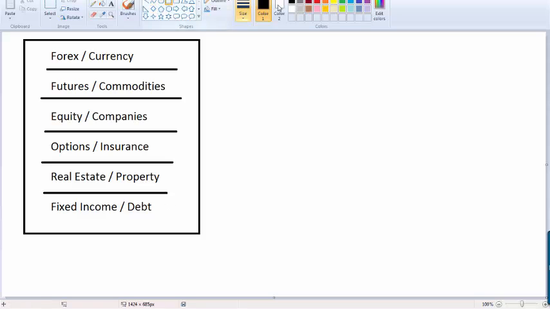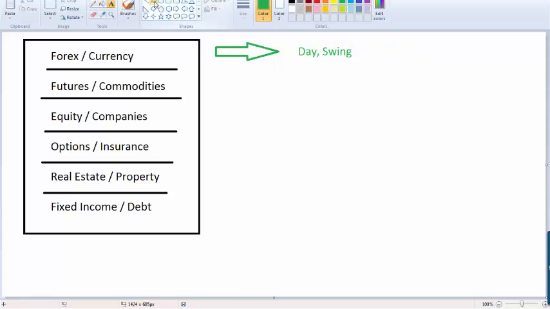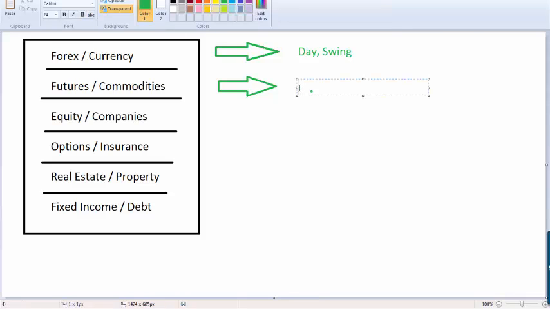See, with Forex, for example, I can speak for myself, I'm more of a day trader, day swing trader myself. With futures and commodities, I am all of the above. I do day, not as many swing trades actually, position and investor.